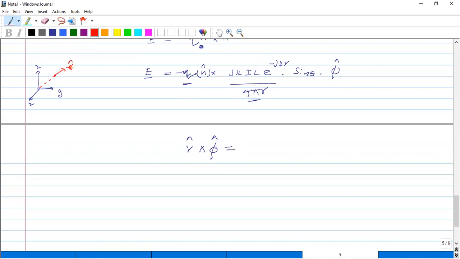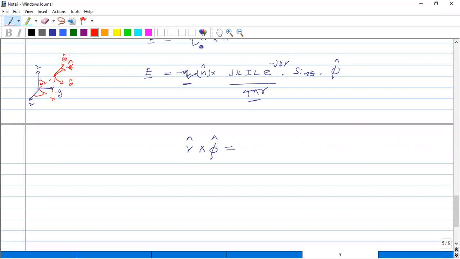Your theta is measured in this direction, so this is the vector for theta. And 5 you are measuring in this direction, so that is inside the paper. And this is the 5 hat.